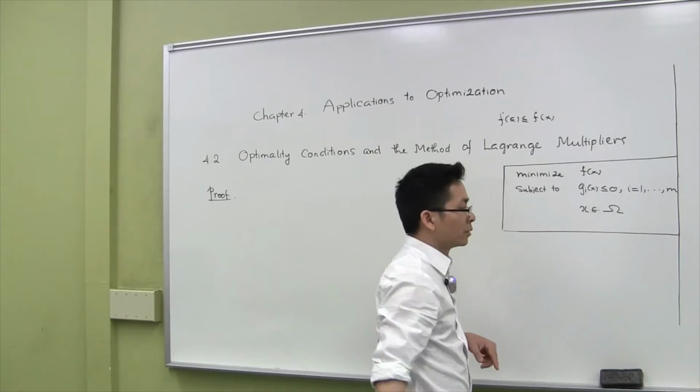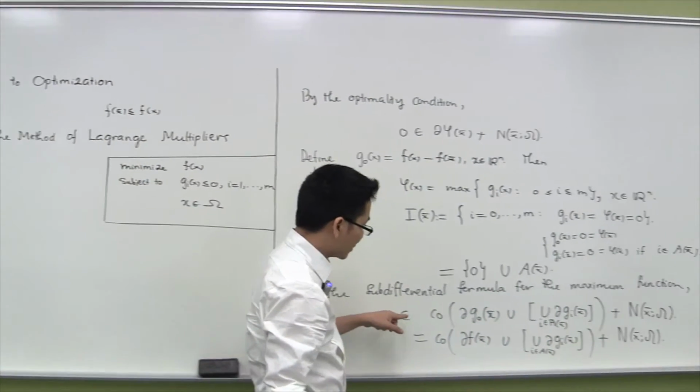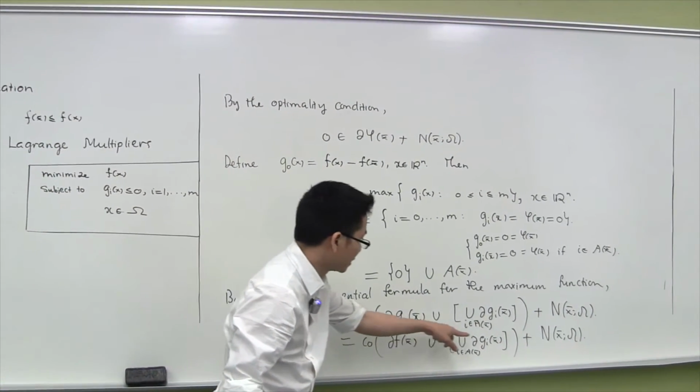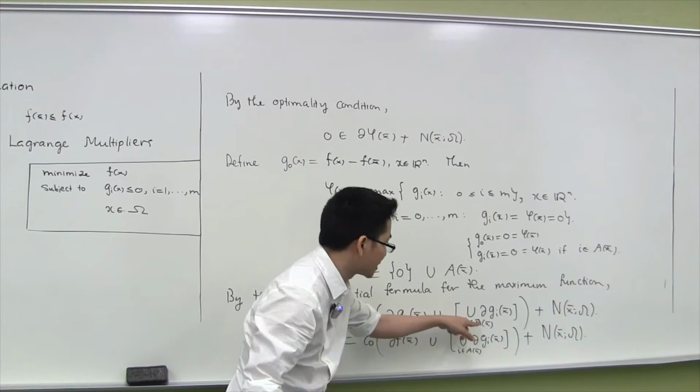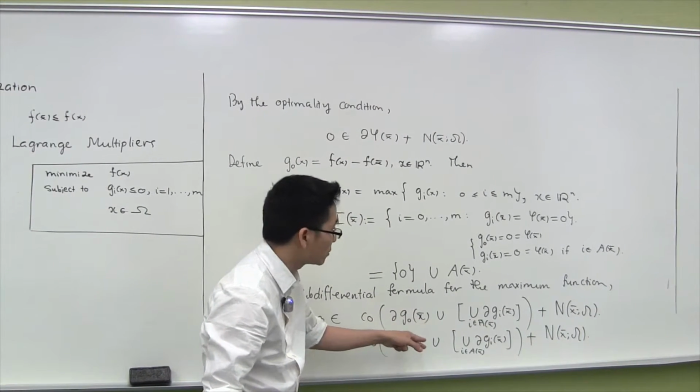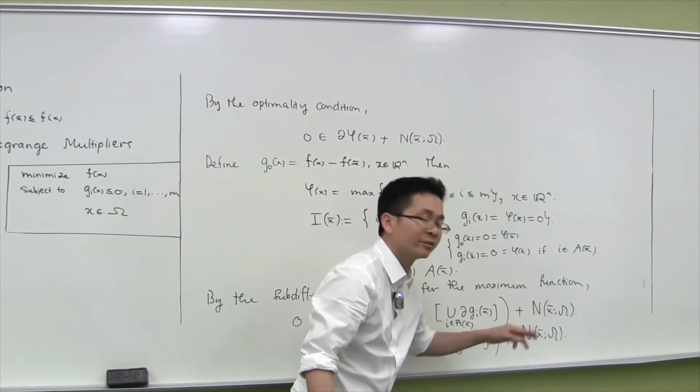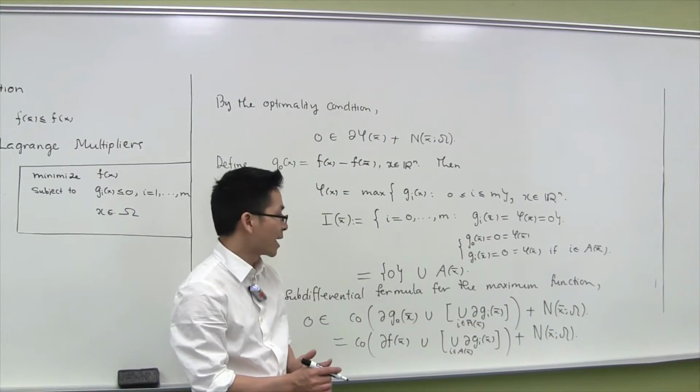So therefore 0 can be written as the sum of a convex combination of sets in these subdifferentials and an element of the normal cone to the set omega at x bar.